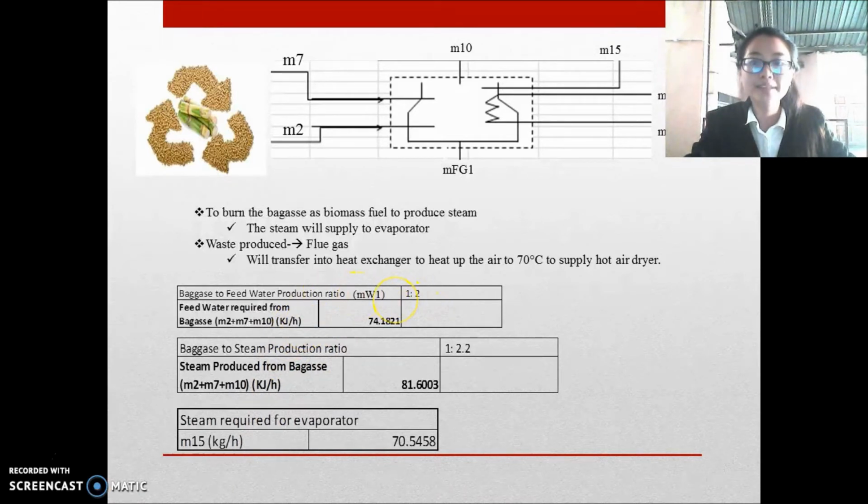Therefore, 81 kg per hour of steam will be produced from the 37 kg per hour of bagasse. So, the steam required for the evaporator is only 70.54 kg per hour. Therefore, we have excess steam to sell and we can earn income.